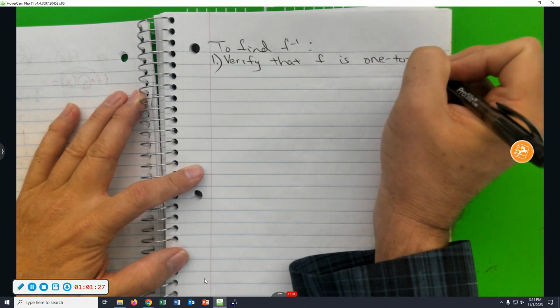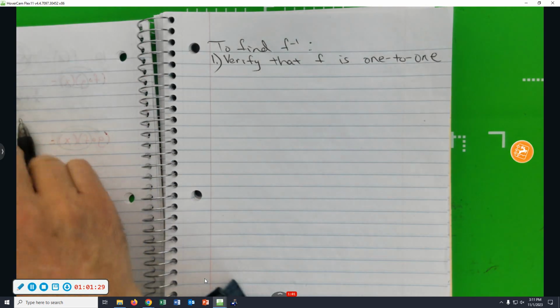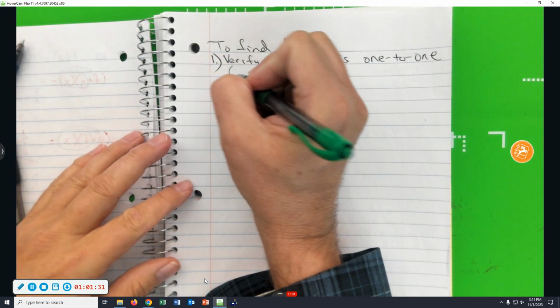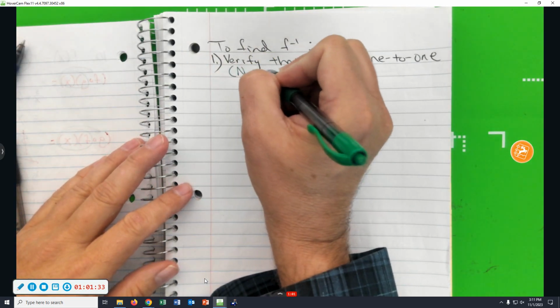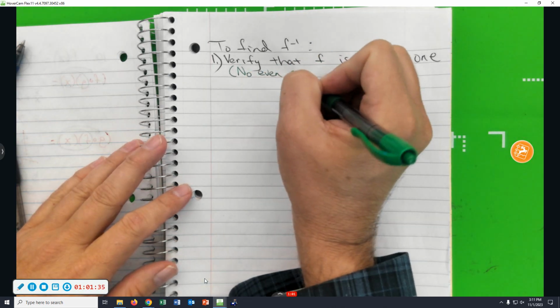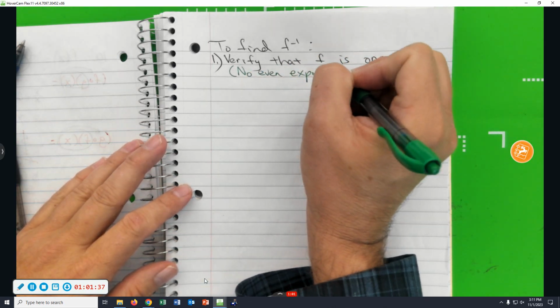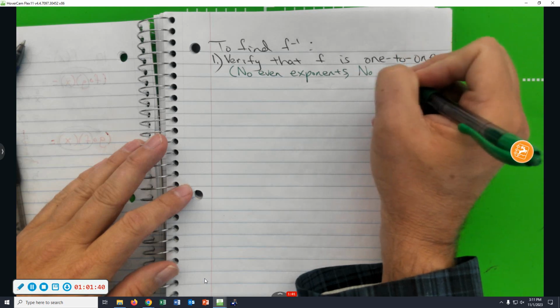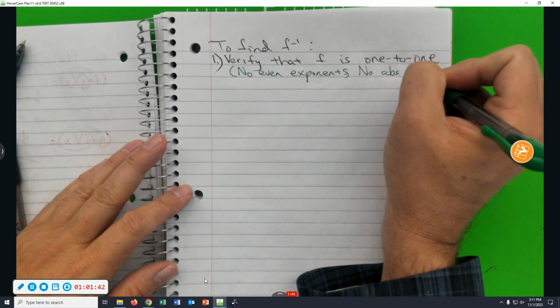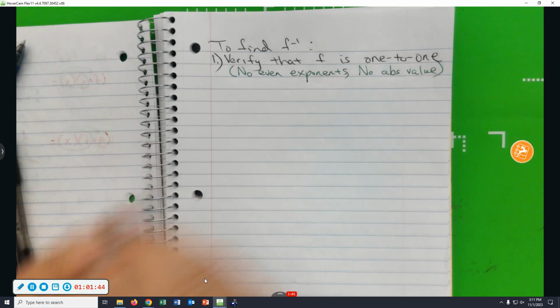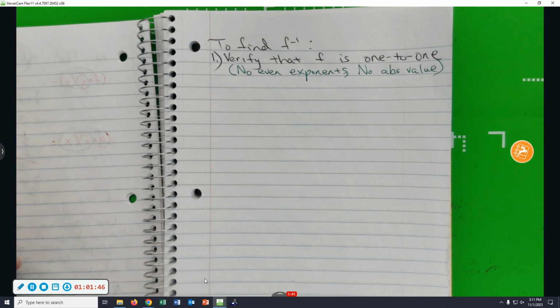All right. No even exponents. No absolute values. Now, notice he's saying no even exponents. Something like x cubed is fine.